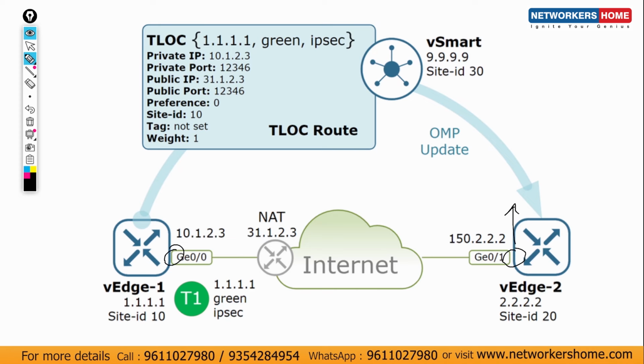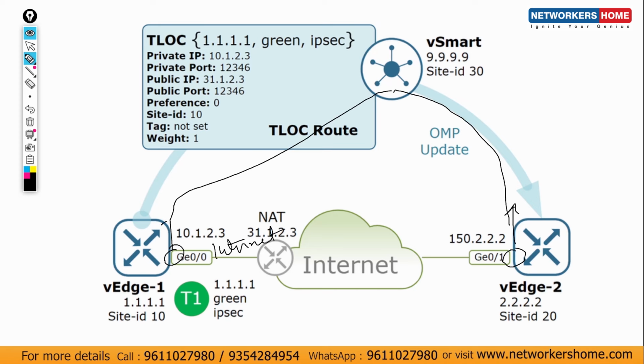So OMP is going to attach whatever information you are adding to it, and carry that information to vSmart, and when that information is sent to vSmart, he can make out whether you are using MPLS or you are using internet here, etc.